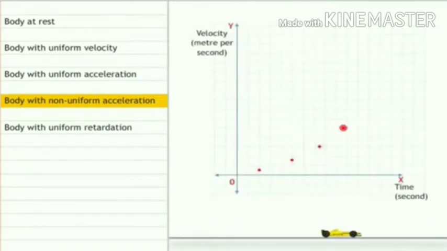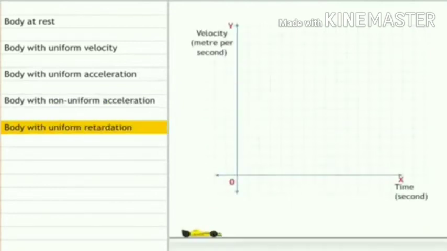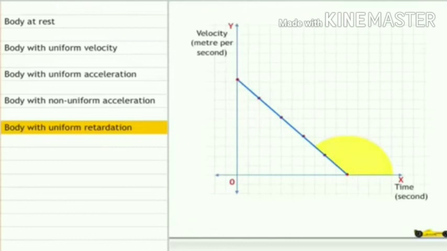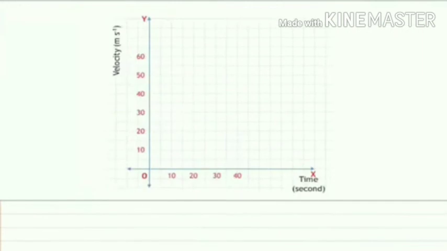When a car is moving with non-uniform velocity or non-uniform acceleration, then the graph is a curved line. And when a body is moving with retardation, we see the slope of the velocity time graph that represents the motion of the object whose velocity is decreasing with time, while representing non-uniform variation, then it is retardation.